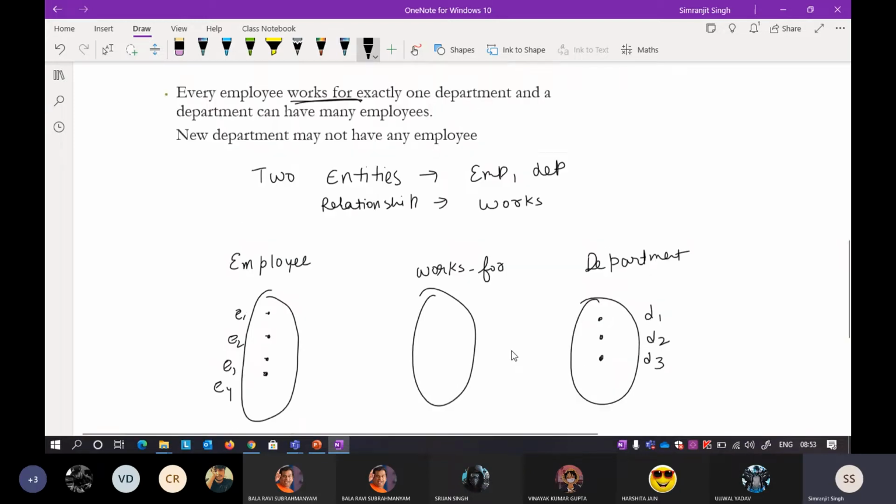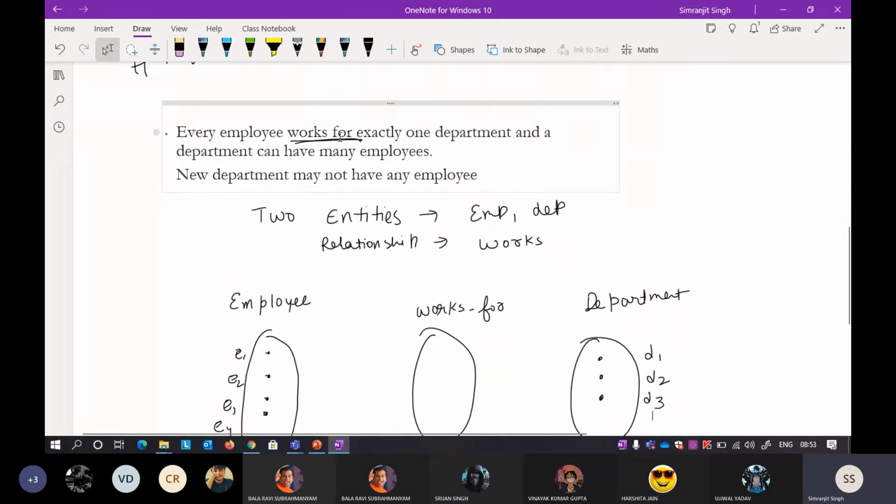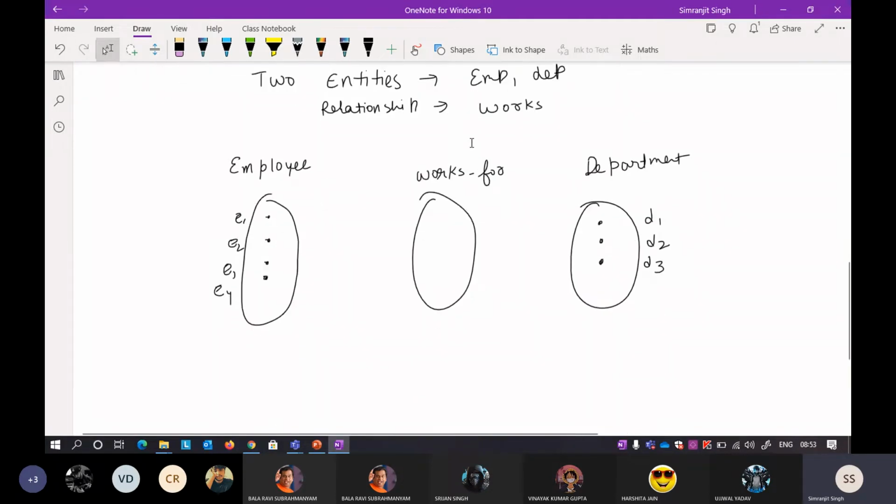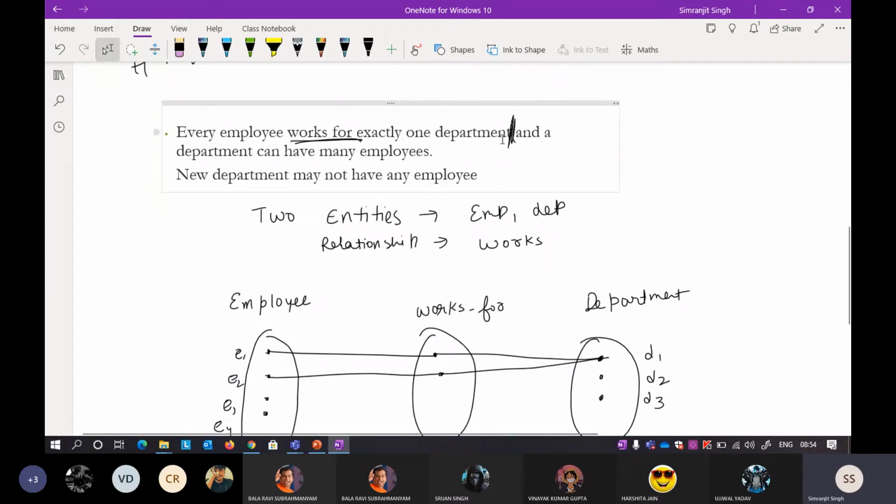Okay, so what does the requirement say? It is saying every employee works for exactly one department. So figure out this part. Till here it is saying every employee works for exactly one department. Suppose employee 1 works for D1, employee 2 can again work for D1, because read the next part: a department can have many employees.